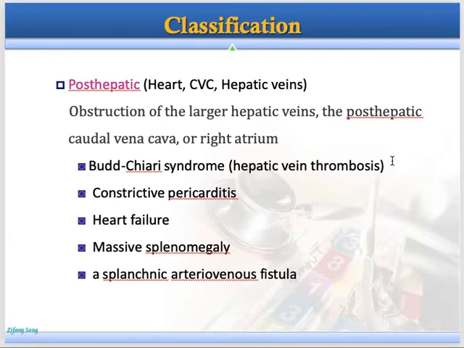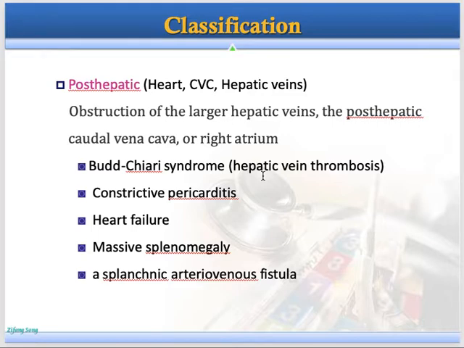There are 7 things, protein C, protein S, antithrombin, and many others. We check them because they have some sort of hypercoagulability. When they develop a hypercoagulable state, that leads to thrombus formation, and that is the one which blocks the hepatic vein.